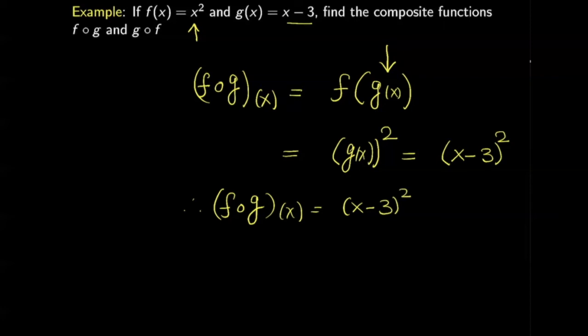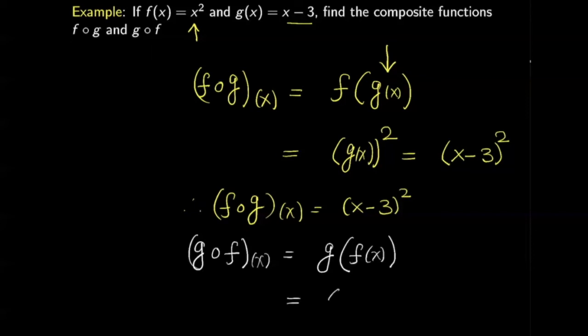We can also calculate the composition of g of f. In this case, f is on the right hand side. How is this composition defined? The function f of x will be the input of the function g. And the function g is defined as x, the input, minus 3.